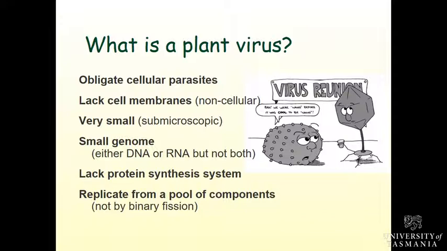They are cellular parasites, so they've got to be within the cell. They're not external to the cell. A lot of bacteria, we'll talk about later, live between cells. They don't get inside cells. A lot of fungi can penetrate cells, but also live outside of cells. These guys live inside the host cells. They replicate inside the host cells.